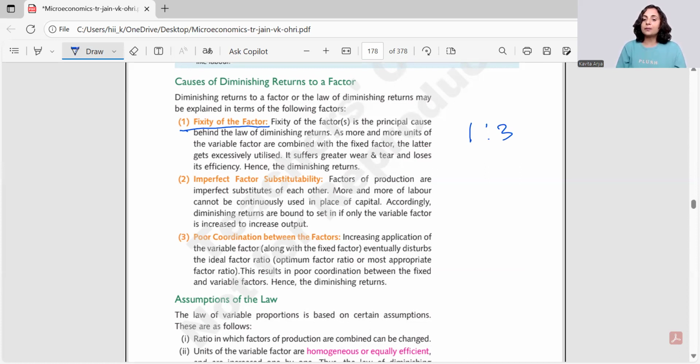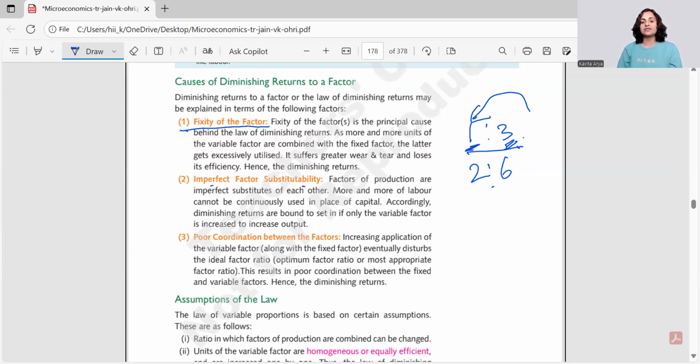If the person wants to increase the output, and instead of increasing it properly, like 2 is to 6, they keep on increasing from 1 to 3, to 1 to 4, 1 to 5, this fixed factor is overloaded. There is a fixity. It cannot give much beyond that. And hence the diminishing returns start, because the extra people, instead of contributing more, are now contributing in a negative manner because they are not engaged by this fixed factor.